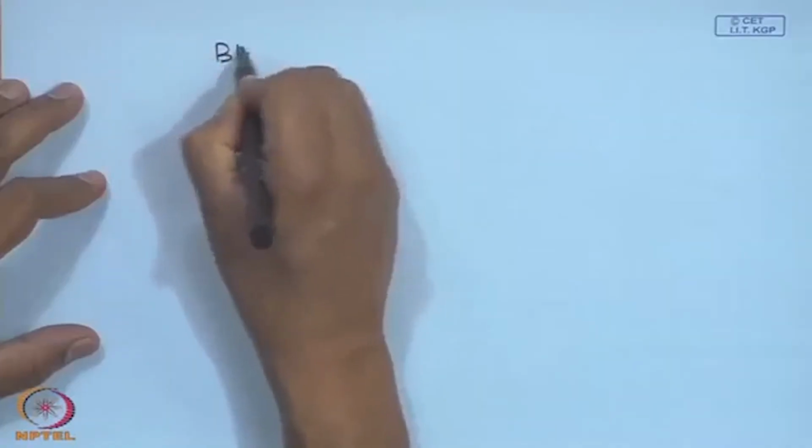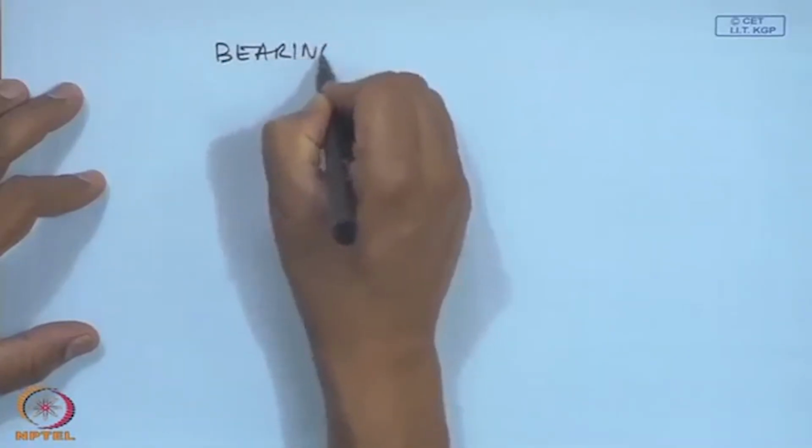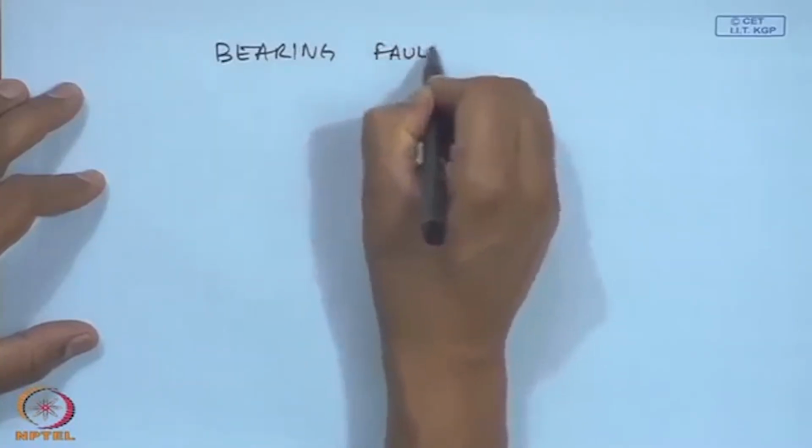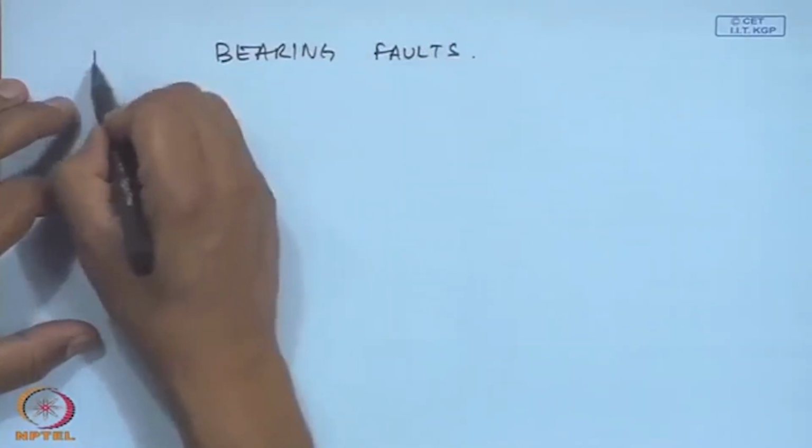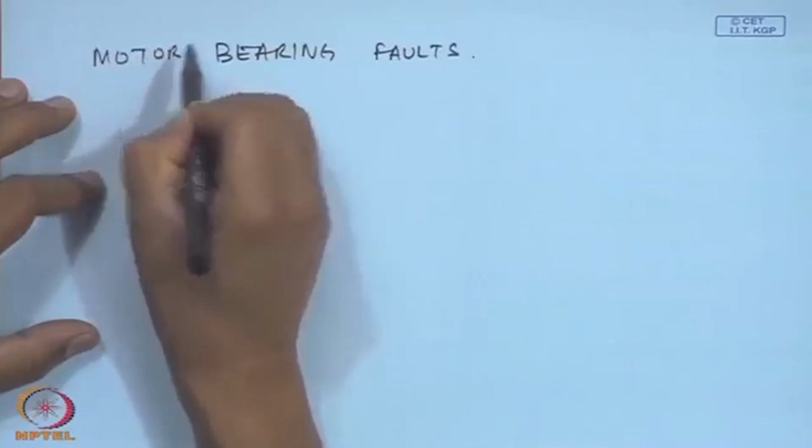Another fault which happens in motor is bearing faults. Bearing faults also reflect in the motor current.